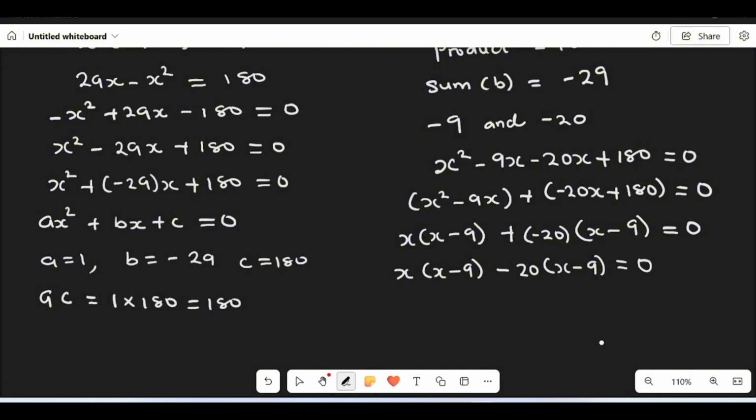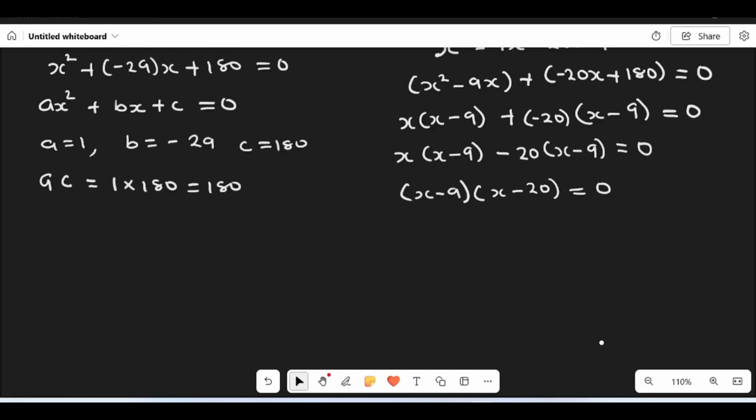Let us factor out the binomial, and our binomial here is x minus 9. What will now remain is (x minus 9)(x minus 20) equal to 0.